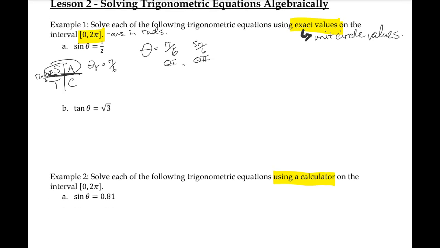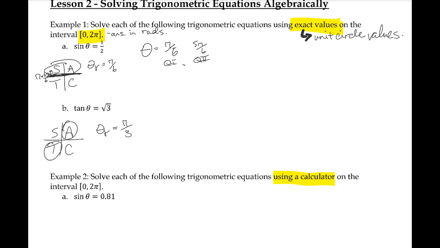In the second part of this example, same idea. I look at All Students Take Calculus. This is a positive value, so I'm looking at quadrants 1 and 3. My reference angle is when tan theta equals the square root of 3 in quadrant 1. If I think back on that, it happens at pi over 3. The more you memorize your unit circle, the faster you'll get at this. I always go back to that table I created a video for on one way to remember all these different values.